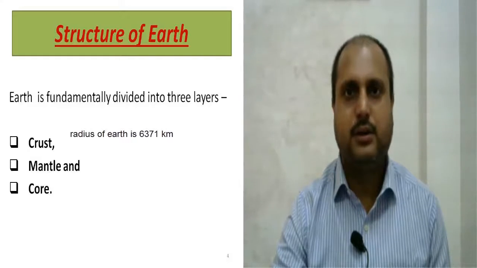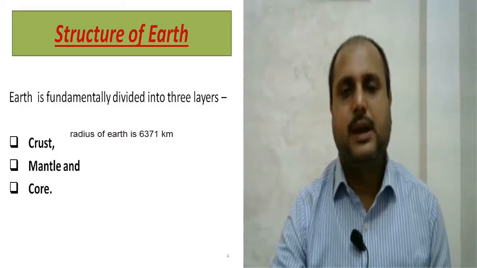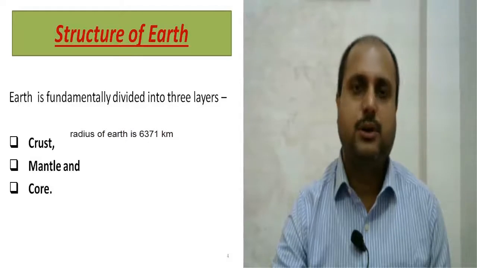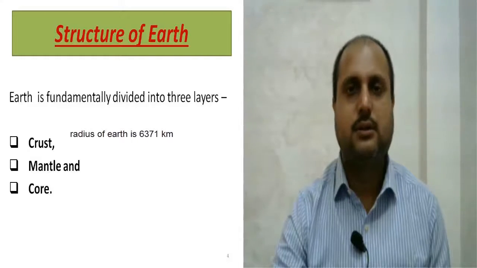We have not entered into the core or the mantle, because beyond 15 kilometers the temperature increases so high that it can melt even metal and burn even the human skeleton. So it is impossible to go into the mantle area.